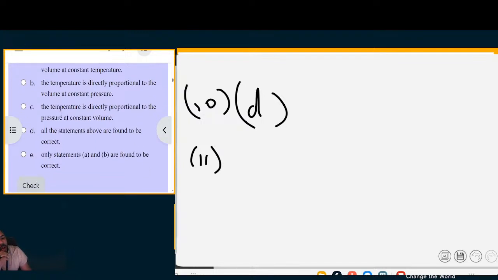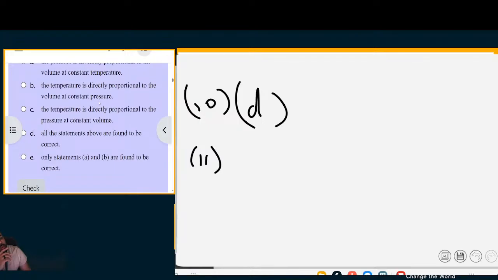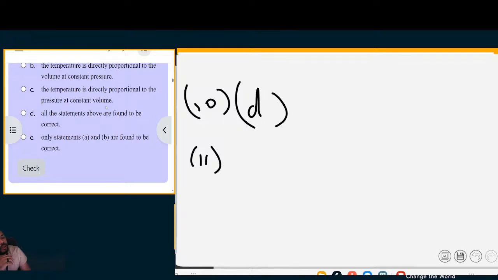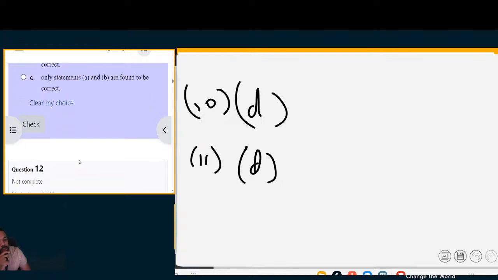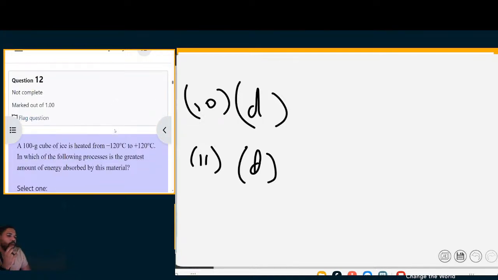That is Charles's law. The temperature is directly proportional to the pressure at constant volume. That is Gay-Lussac's law. All the statements above are found to be correct. D, all those statements are found to be correct. Only statement A and B, no, all of them are correct. That is the laws of gases.